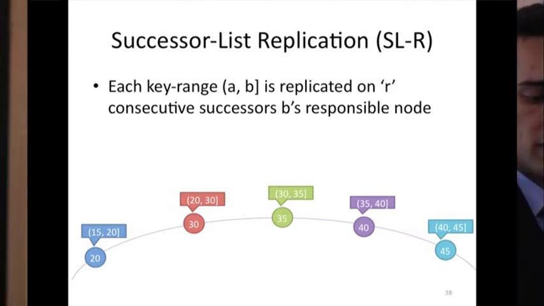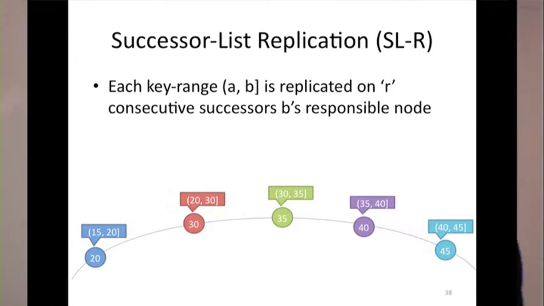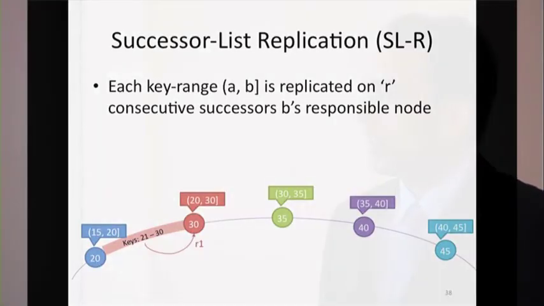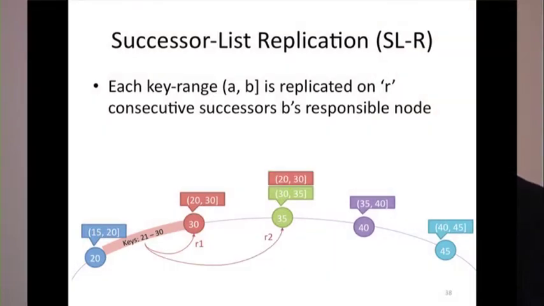Now you want to replicate this data. The technique that Successor-List replication uses is that you replicate these keys on the nodes that follow you clockwise on the ring, which are the successors of this node. For example, the keys from 21 to 30 are stored in that node. That's the first replica. But then you have to copy them on the next node as well, and the next node.